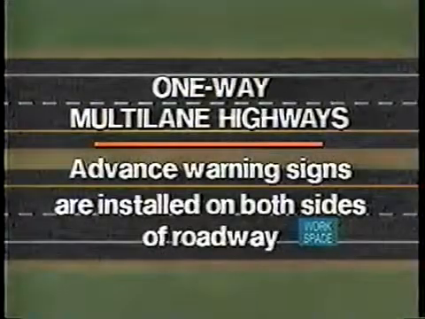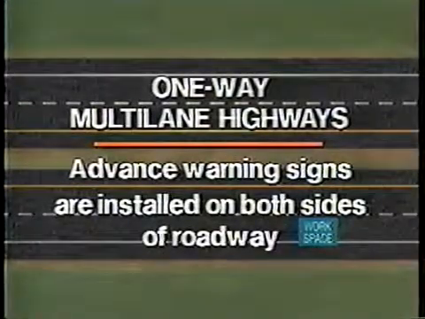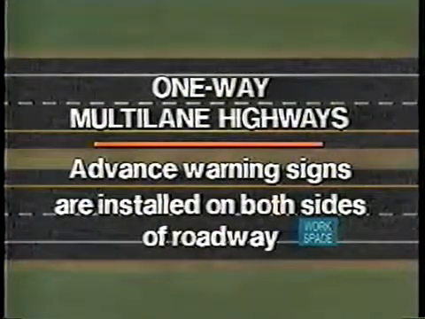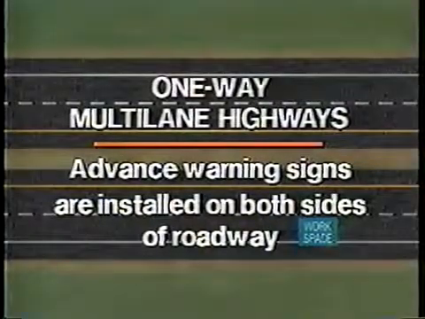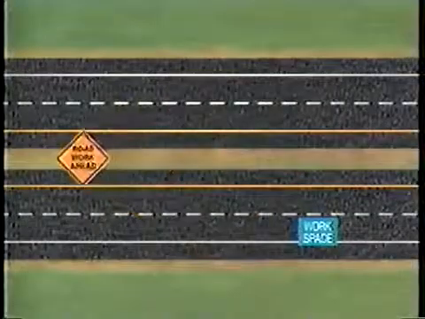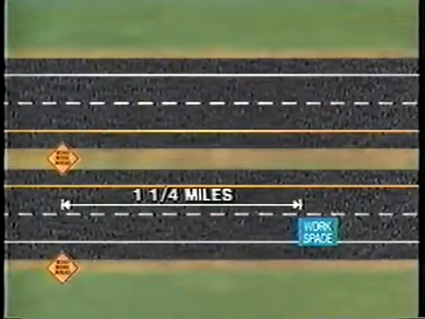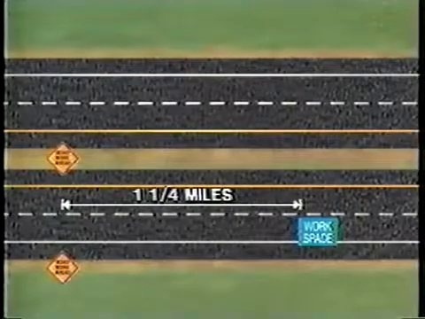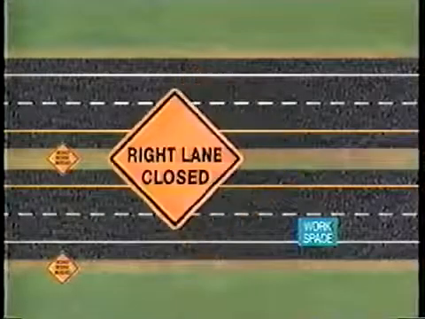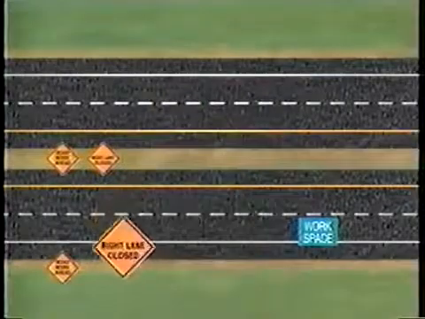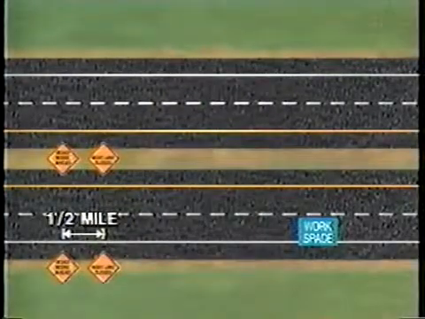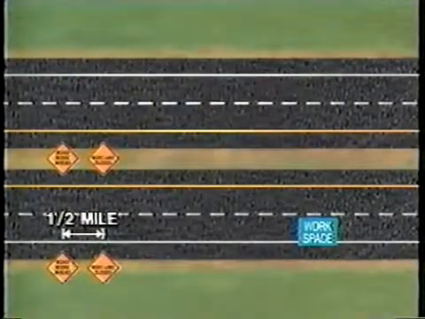However, for one-way multi-lane roadways, the advance signs are generally installed on both the left and right sides of the roadway. The first two signs installed are the two Road Work Ahead signs, 1¼ miles before the workspace on both sides of the roadway. Next, two Right Lane Closed signs are placed 1/2 mile from the first signs, again, one on each side of the roadway.